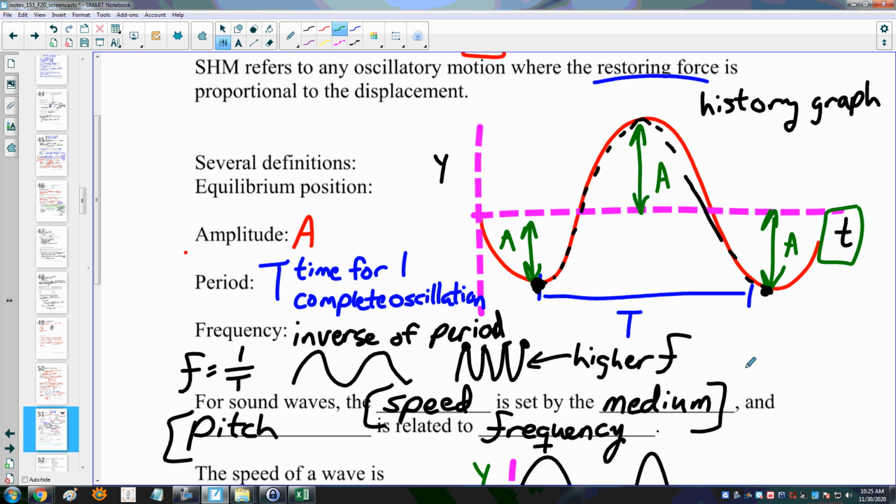So let's say that you have a rope that you're waving up and down. This graph, the history graph, takes a particular point on that rope and tracks it as it moves up and down.